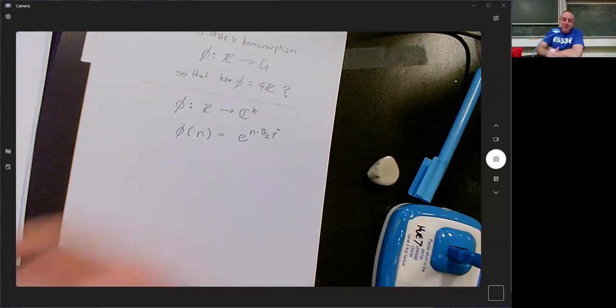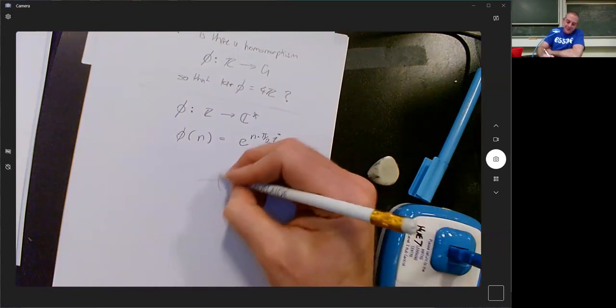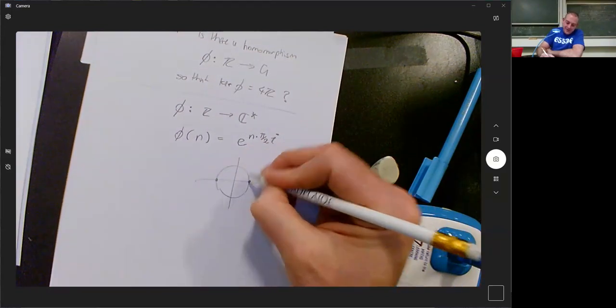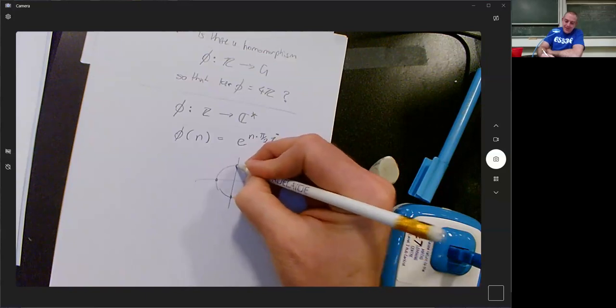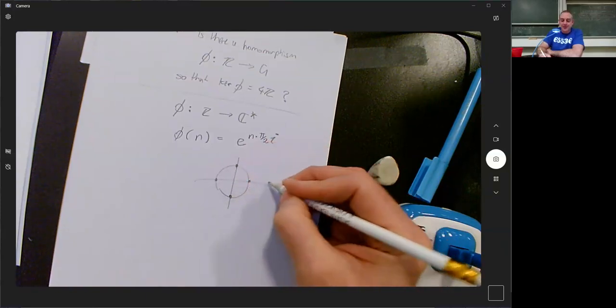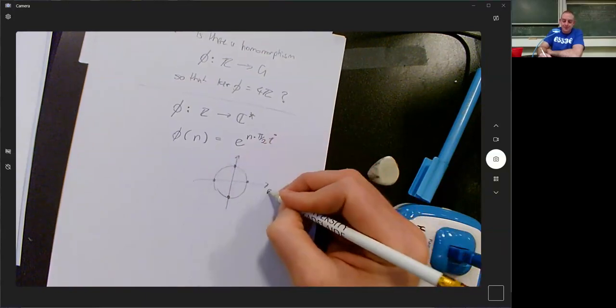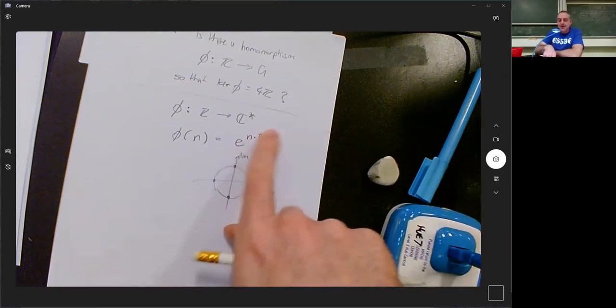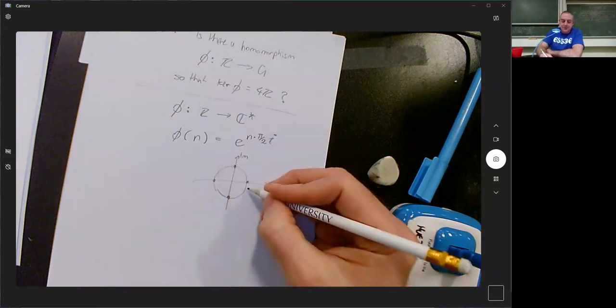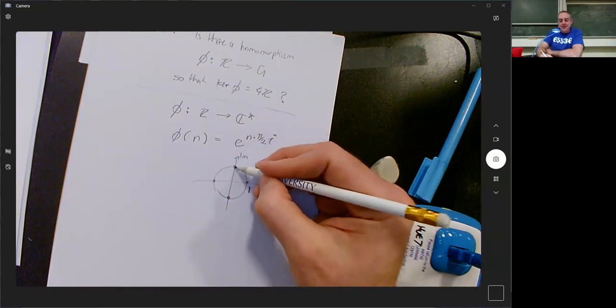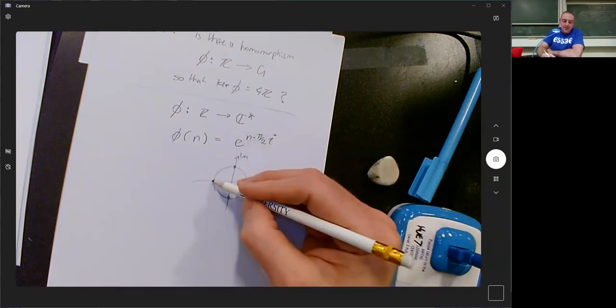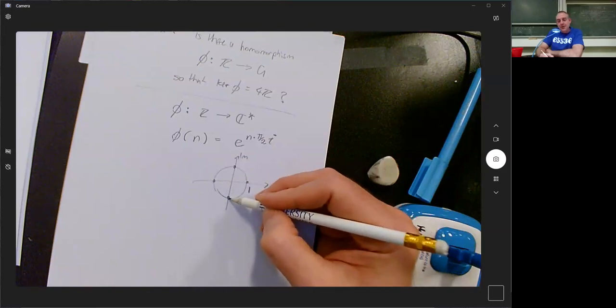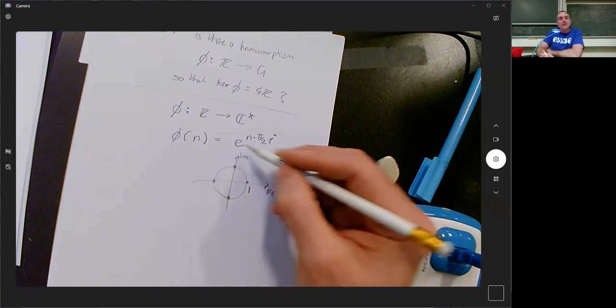Because that can only produce these 4 numbers on the complex plane. Because e to the 0 is 1, and e to the pi on 2i is there, and e to the pi i is there, and e to the 3 pi on 2i is there, and you can only produce these numbers.